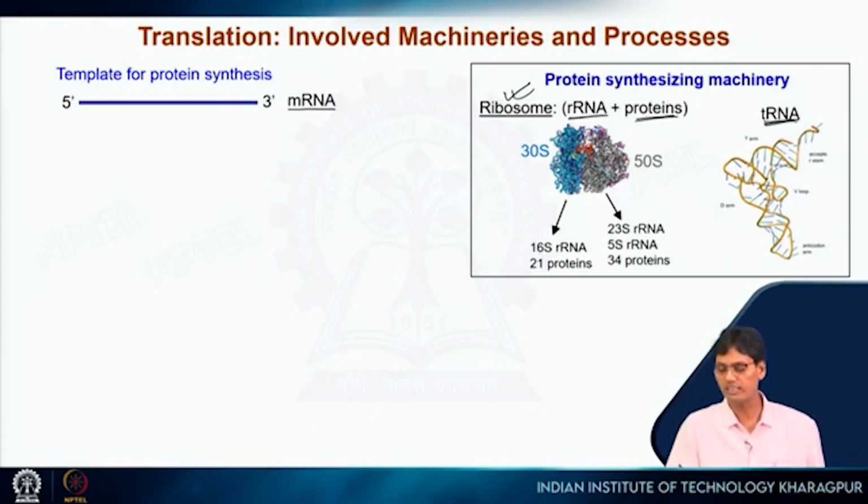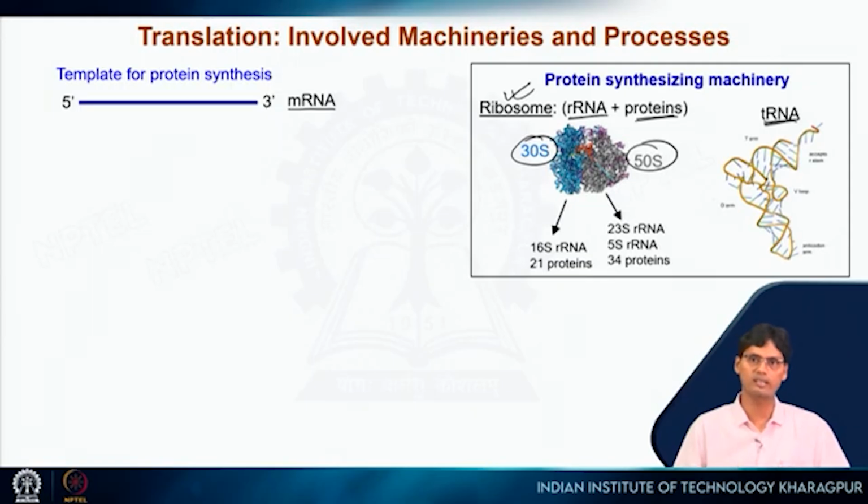Also if you see this ribosome, we have 30S and 50S, the different subunits of the ribosome. This is the ribosome from E. coli or bacteria, and they have 30S and 50S subunits. Similarly, in the eukaryotic system, they have 40S and 60S subunits, but those details are not required to understand these fundamental aspects of protein synthesis.